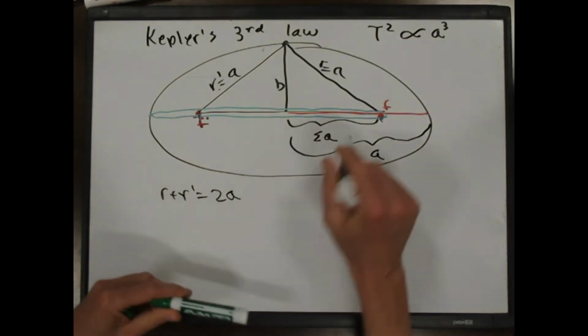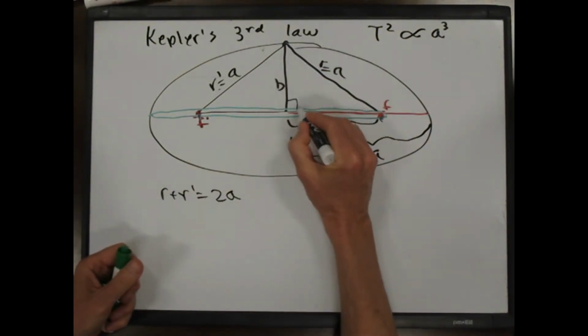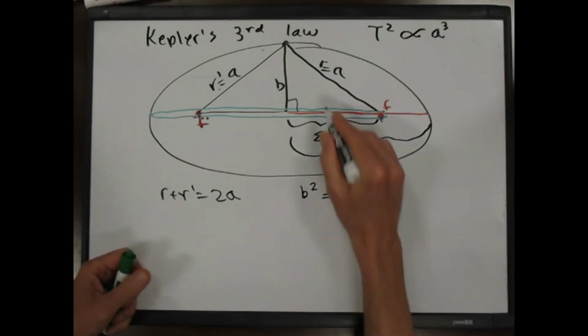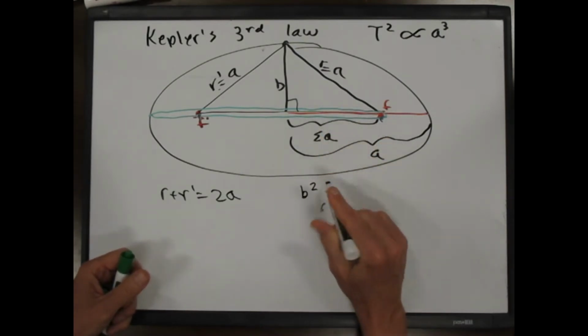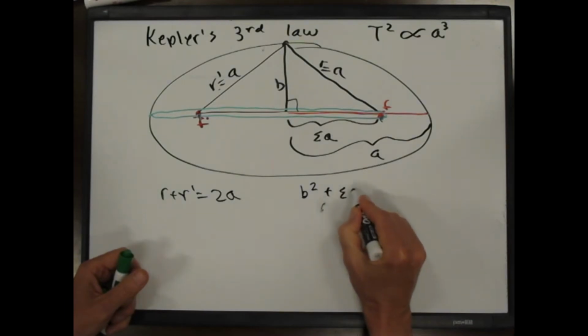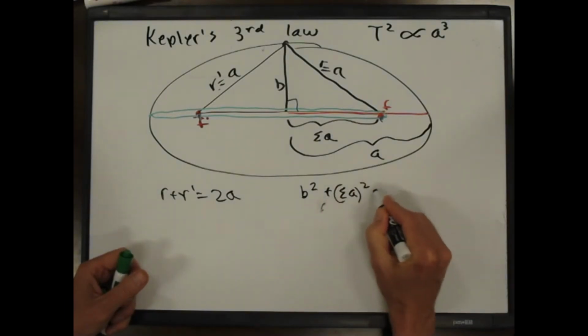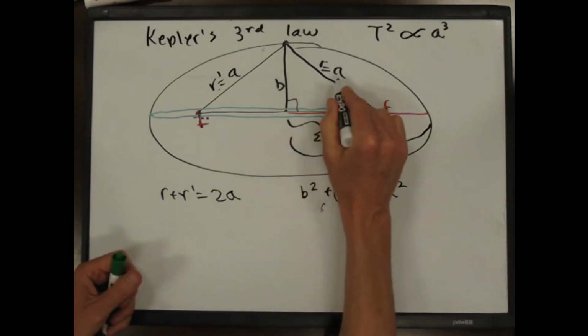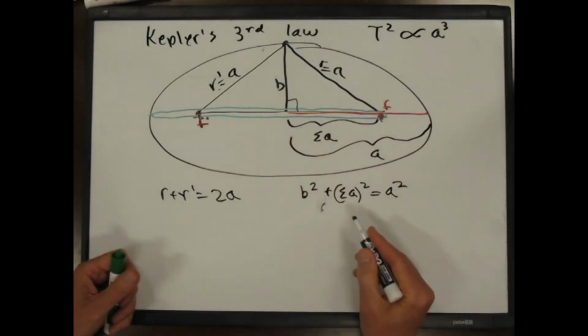And that allows me to take one of these triangles, which is a right triangle, and say, look, b squared plus epsilon a squared is equal to a squared. Right? This squared plus that squared is equal to that squared, or you can do it on the other side, it's the same thing.